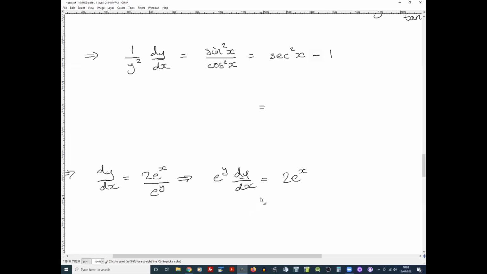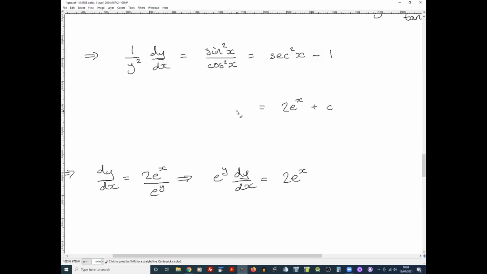Do you know the integral of e to the x? Isn't it e to the x? So the integral of 2e to the x is 2e to the x. A constant multiple just comes along to the right, doesn't it? Plus c. Plus c, thank you. Yes, good.